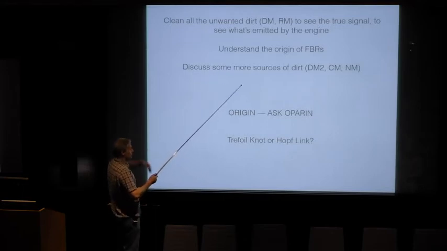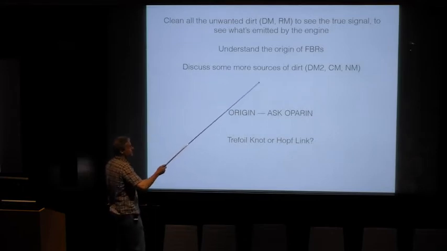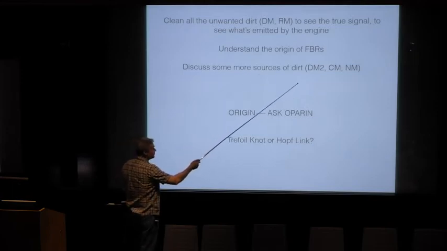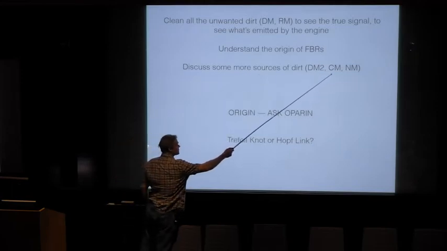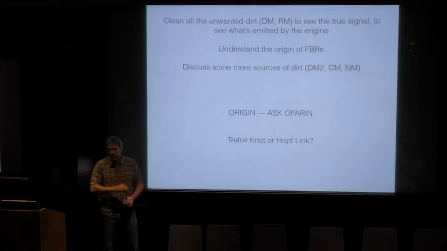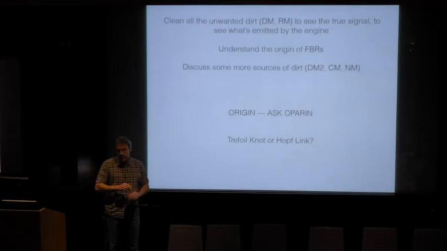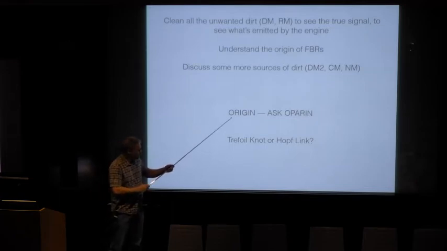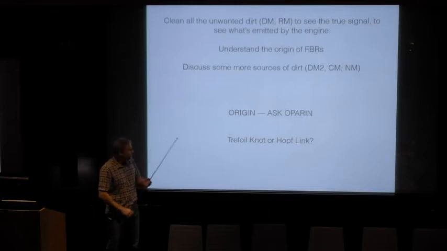So with this philosophy, what I am going to discuss is just some more sources of dirt: second dispersion measure, conversion measure, and nonlinear measure. But what is dirt and what is the goal is not quite clear. I think the following anecdote is appropriate.